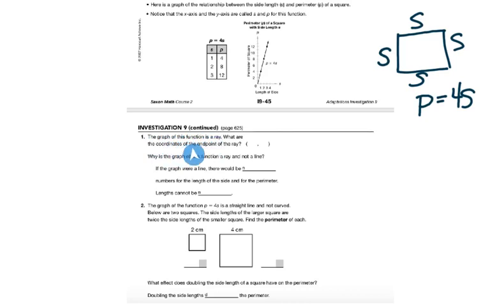What are the coordinates of the endpoint of the ray? Our coordinate for the endpoint of the ray is 0, 0. Why is the graph of this function a ray and not a line? If the graph were a line, there would be negative numbers for the length of the side.